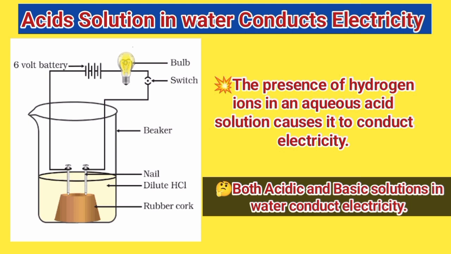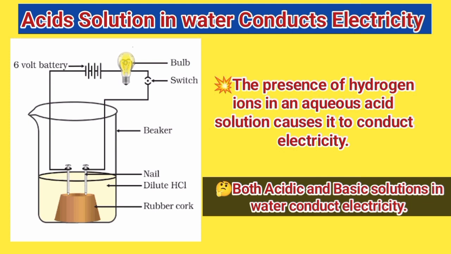When acid solutions dissolve in water, they produce H plus ions. In the previous topic we discussed the chemical properties of acids and bases. Acids dissolve in water to produce H plus ions, and bases dissolve in water to produce OH minus ions. These hydrogen ions and OH minus ions are good conductors of electricity.